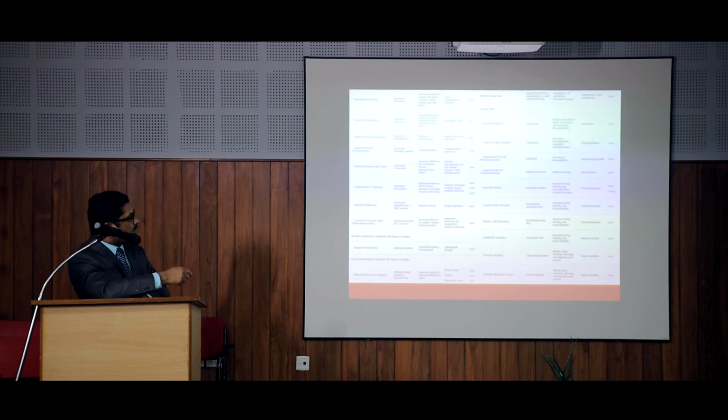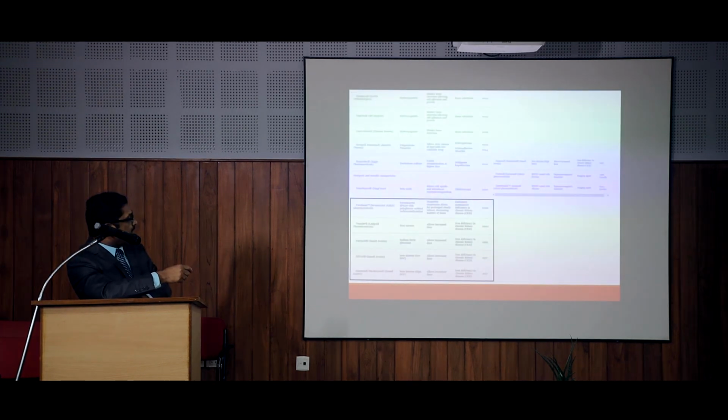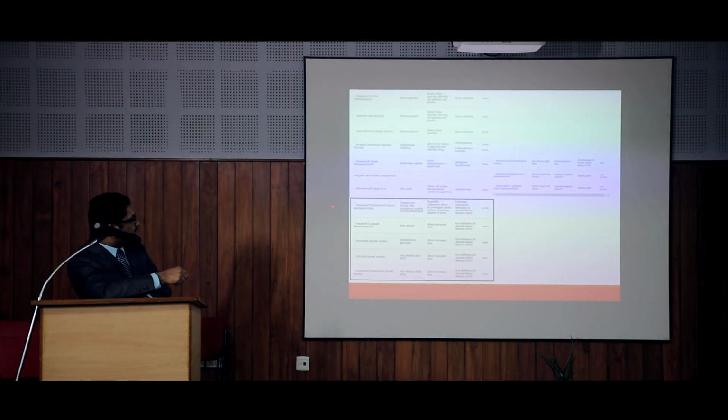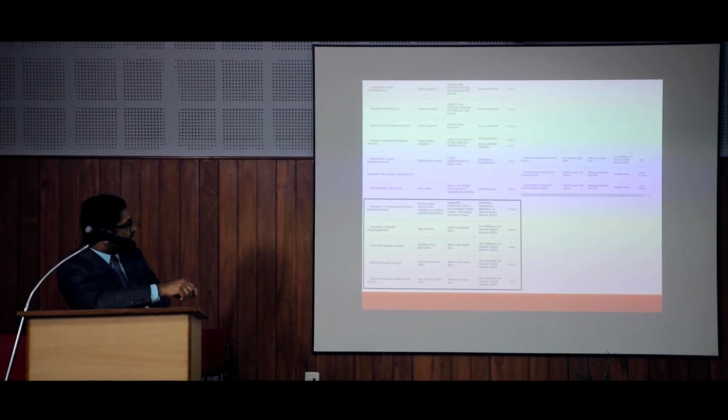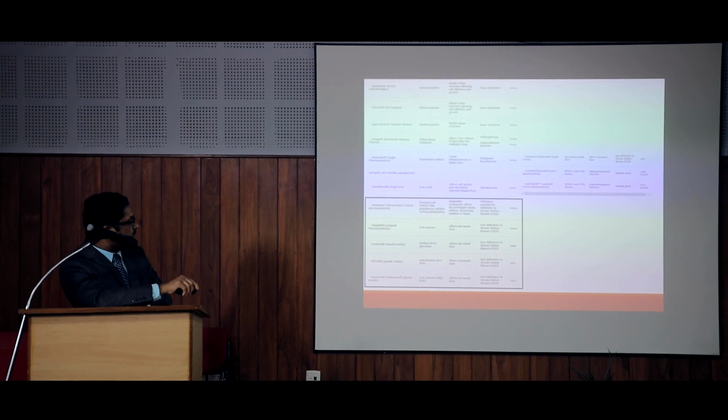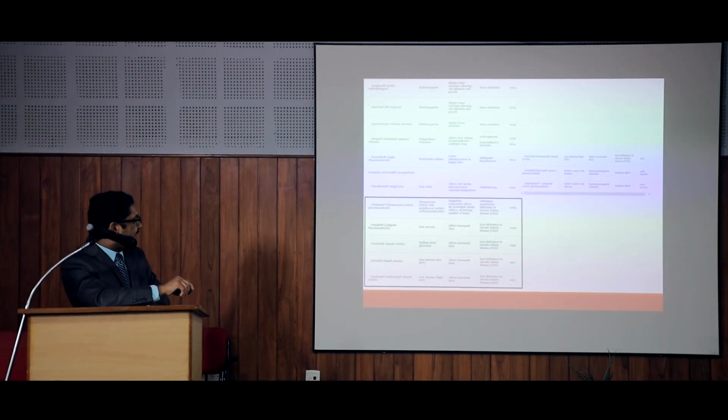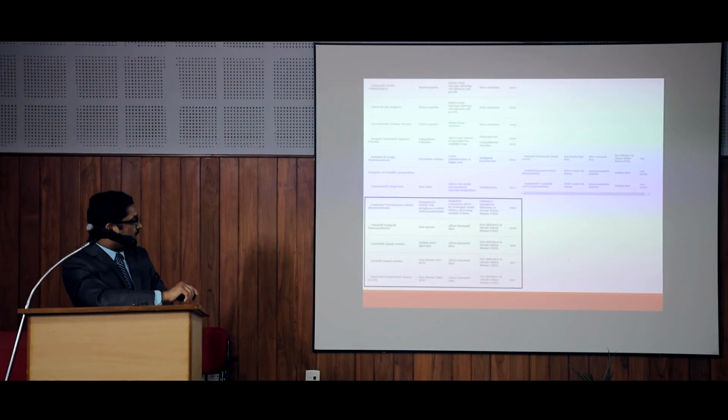I don't want to read each and everything, but I want to focus on some of these. In 1957, you see a formulation called Dexferrum. It's nothing but iron with dextran, an iron oxide based formulation they have been using for a long time to treat iron deficiency conditions in the kidneys.